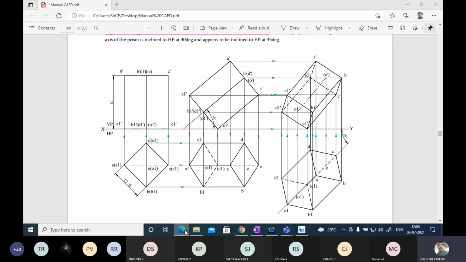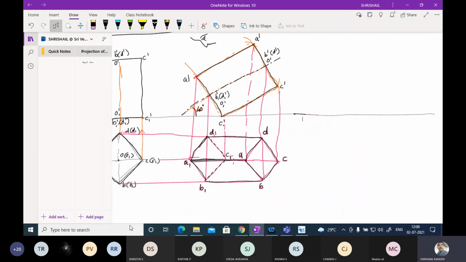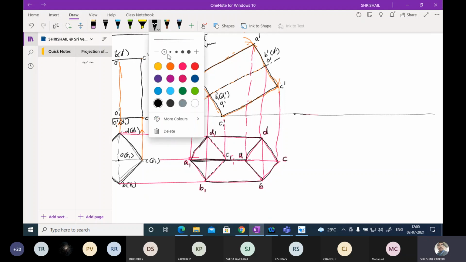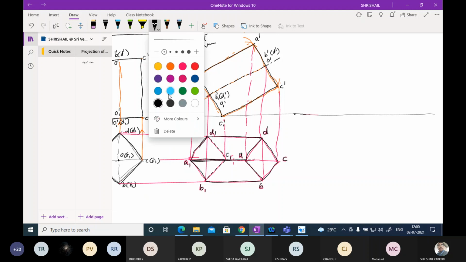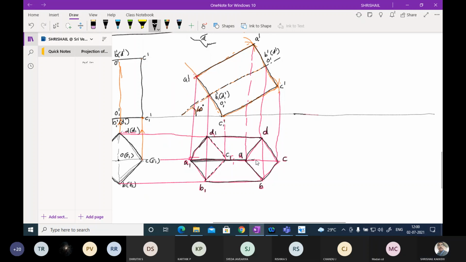This is what I have completed, and here the line which will be joining will also be dotted. Okay, this much I have completed.